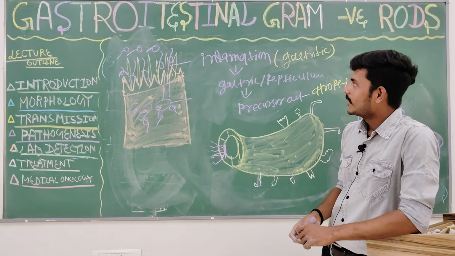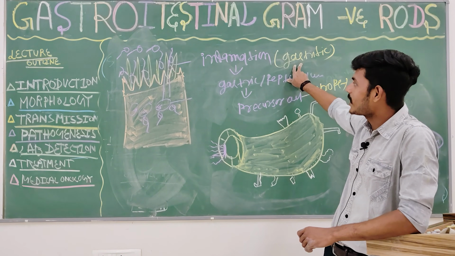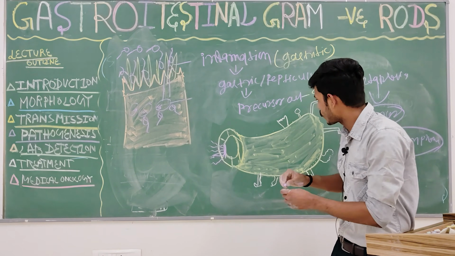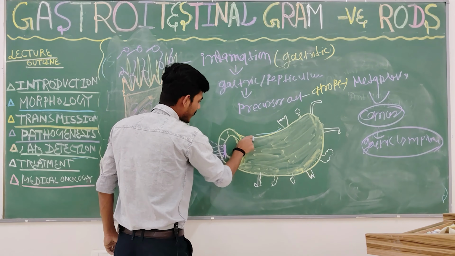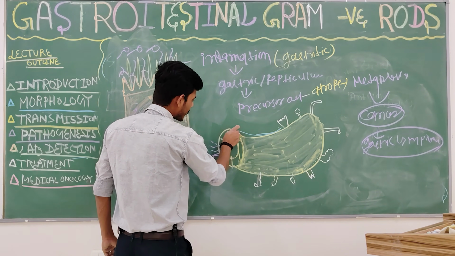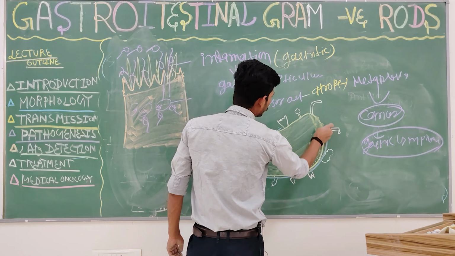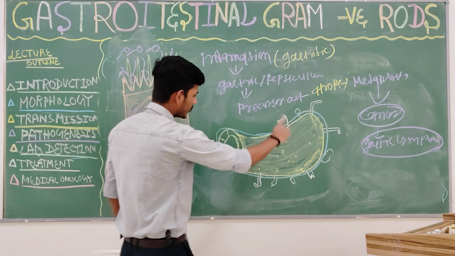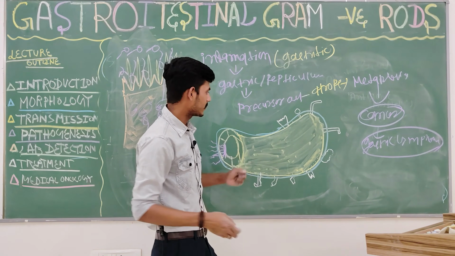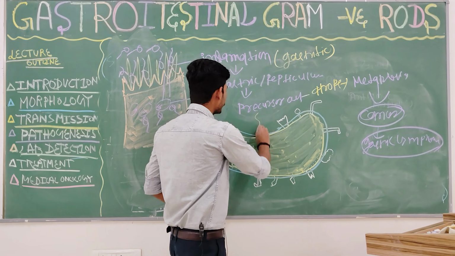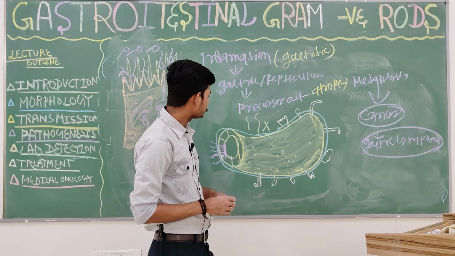It first produces urease, which neutralizes the HCl and makes a cover. By synthesizing the urease enzyme and neutralizing the hydrochloric acid, it covers itself with one protective layer of urease over its body. And now it's totally protected, so the hydrochloric acid will not act here.